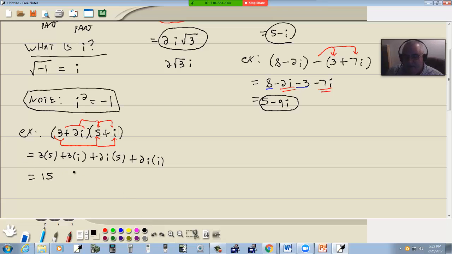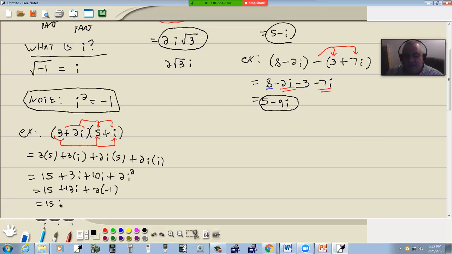3 times 5 is 15 plus 3i. 2i times 5 is 10i. And 2i times i is 2i squared. So that gives us 15, 3i plus 10i is 13i. And remember what I said up here, i squared is equal to negative 1. So we'll replace the i squared with negative 1.